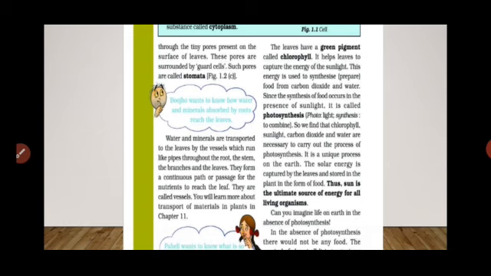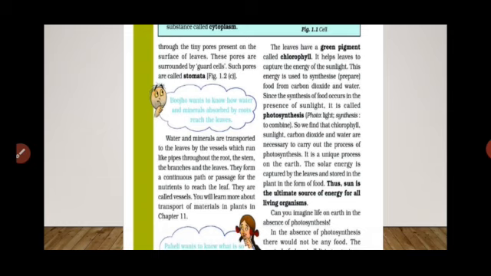Because due to the process of photosynthesis we are living, because this process helps give us food. If there is no photosynthesis, we can't get food, and we know that without food we can't live. So the process of photosynthesis is a very important process.